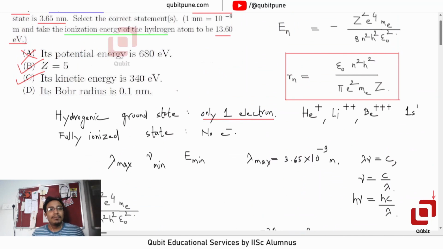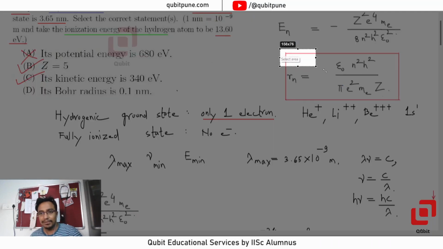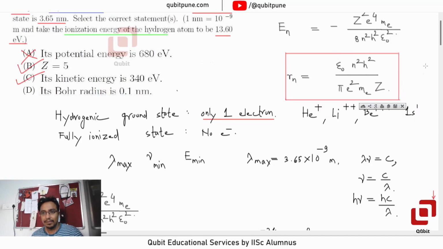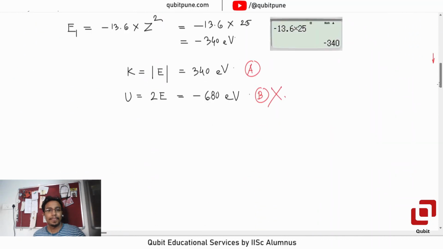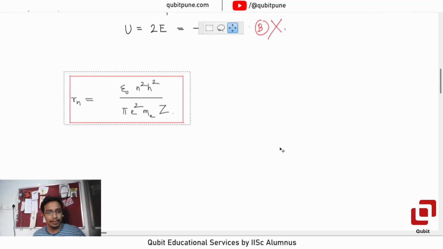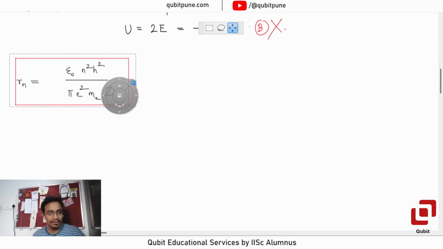Now, can we find out Bohr radius? Yes, we can find out the Bohr radius, and for that we have to make use of this particular expression. Now does anyone remember what is the Bohr radius for our hydrogen atom?